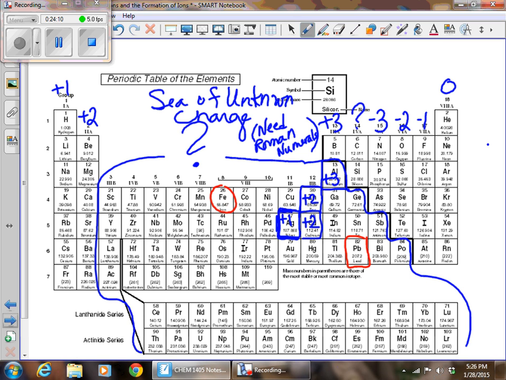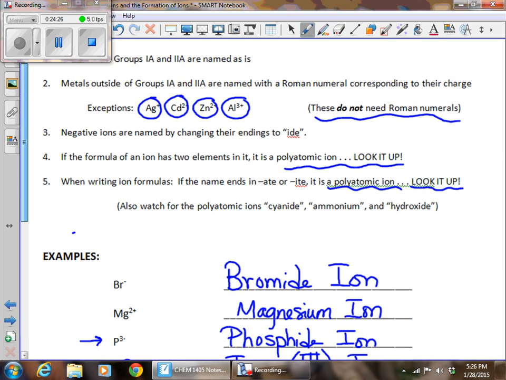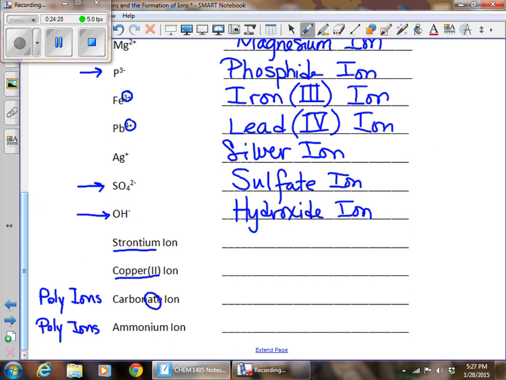Strontium, let's go over here, and we can see that strontium is in group 2A. Well, what does that tell us? It tells us it has a +2 charge. So when we write the formula for it, this is a shortcut. We're simply going to be able to write Sr with a 2+ charge.